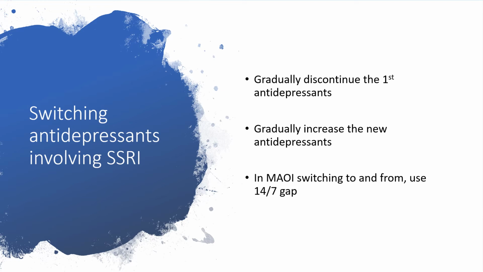There must be 14 days between stopping monoamine oxidase inhibitors and starting SSRI, or between stopping SSRI and starting monoamine oxidase inhibitor. So the patient must be on a 2-week break if we are switching from or to monoamine oxidase inhibitor.